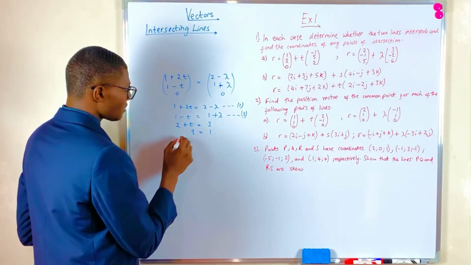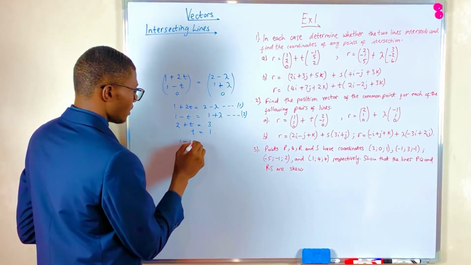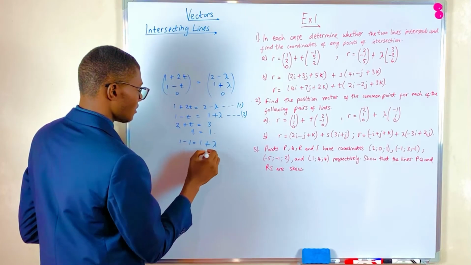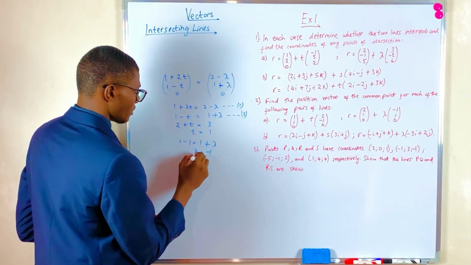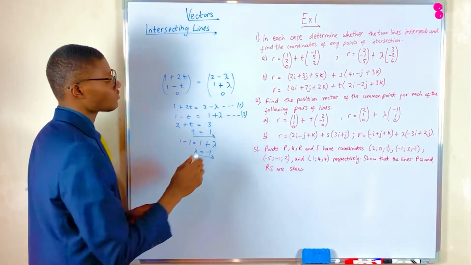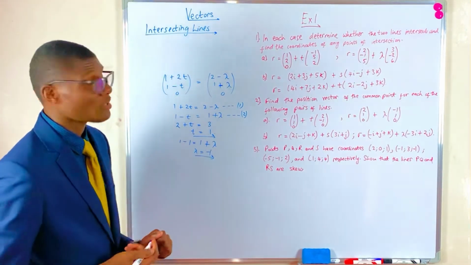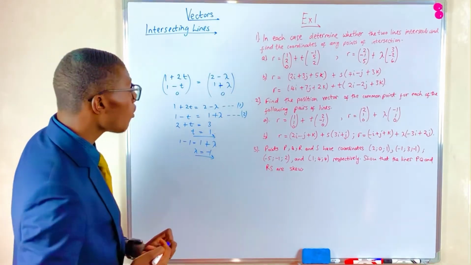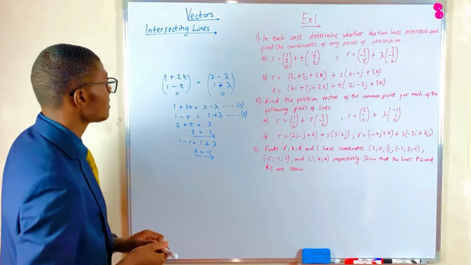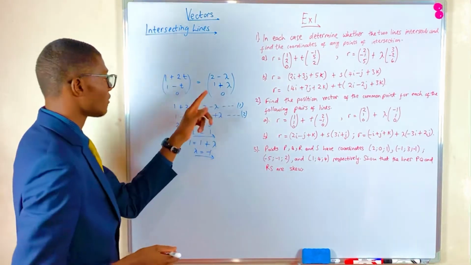Then 1 minus 1 is 1 plus lambda, so lambda is equal to minus 1. So t is equal to 1, lambda is equal to minus 1. Such that for the common point, the position vector, we shall substitute into either of those.